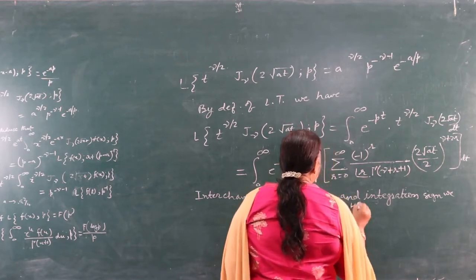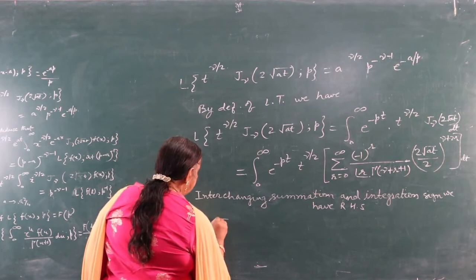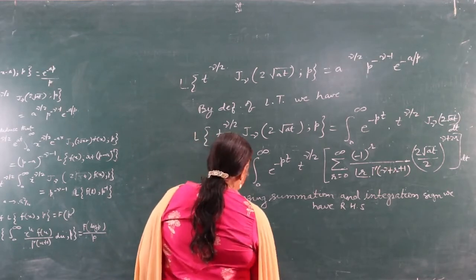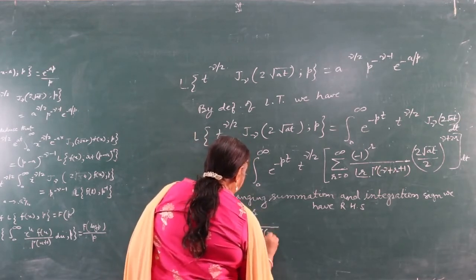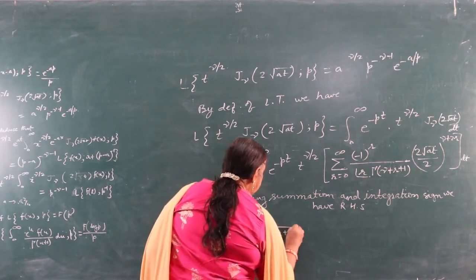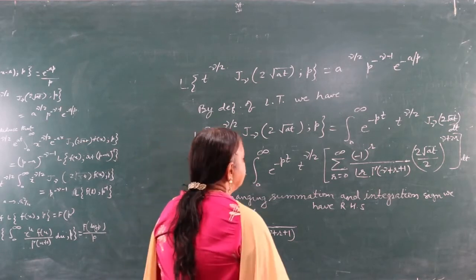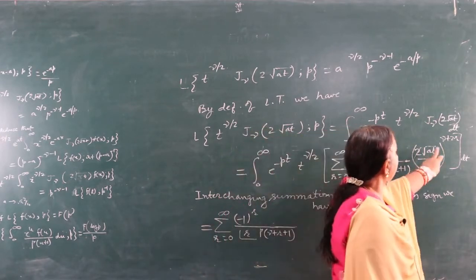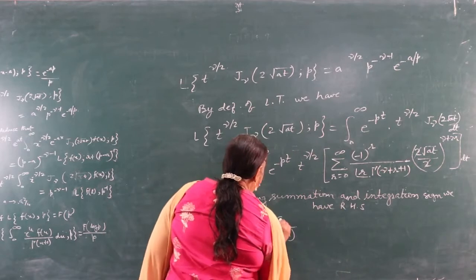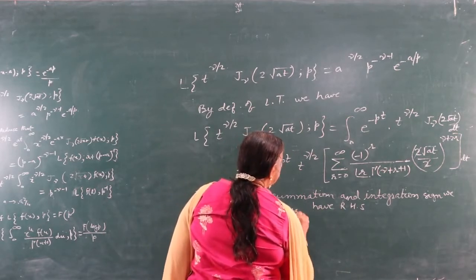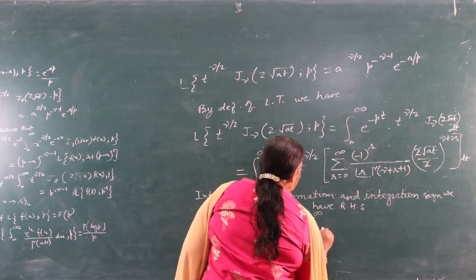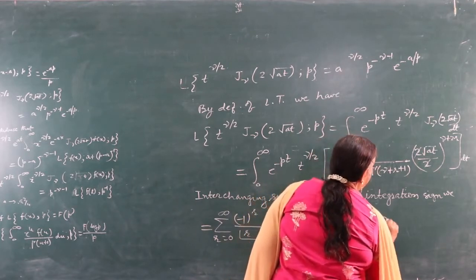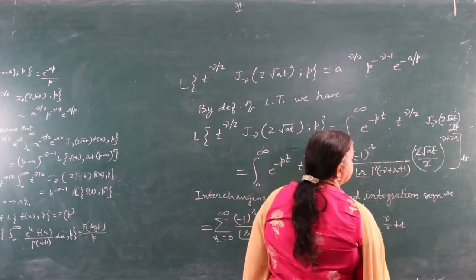RHS is equal to summation r is equal to 0 to infinity minus 1 raised to power r upon factorial r gamma nu plus r plus 1. 2 से ये 2 कैंसिल हो जाएगा, हमारे पास a की पावर हो जाएगी nu by 2 plus r, so a raised to power nu by 2 plus r integral 0 to infinity e raised to minus pt t raised to power nu by 2 into t raised to power nu by 2 plus r dt.